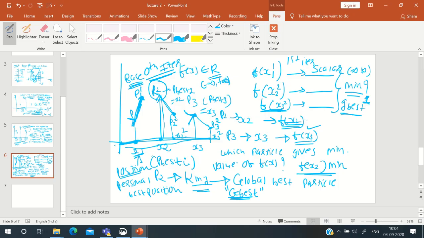Right, now compare this G best which is obtained in this iteration with the G best which you obtained in the 0th iteration. It means find out whether this function value is minimum, or the function value corresponding to the G best particle which was obtained in the 0th iteration is minimum.